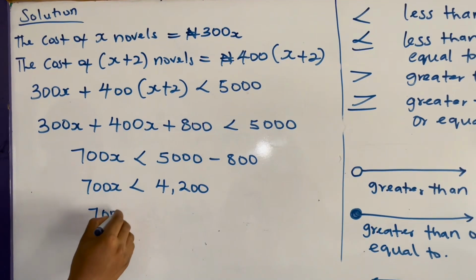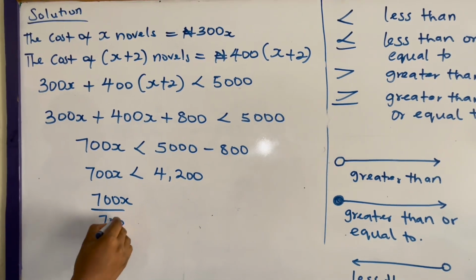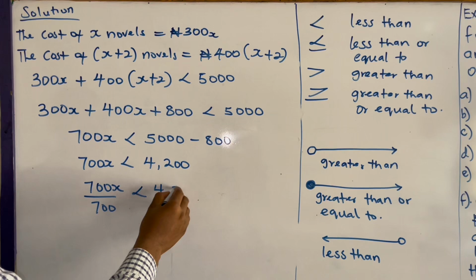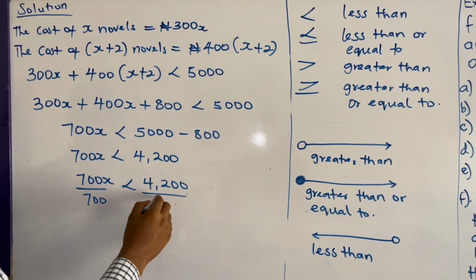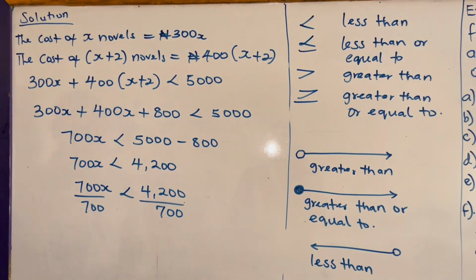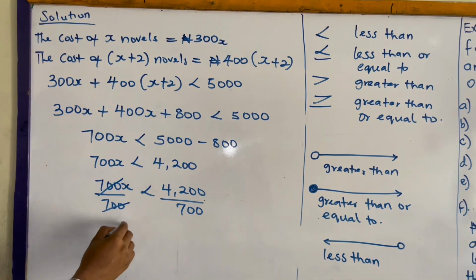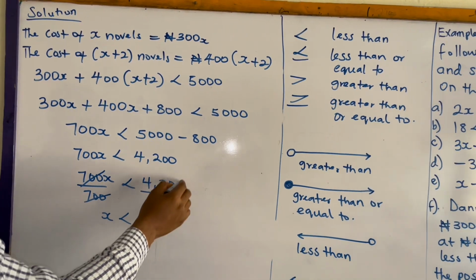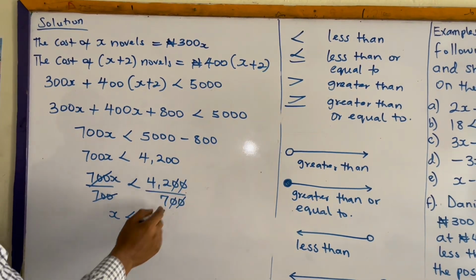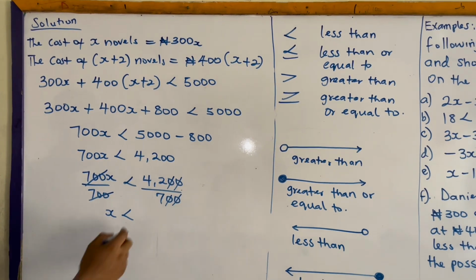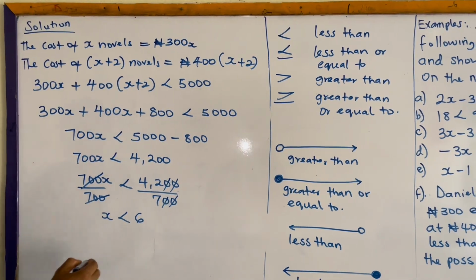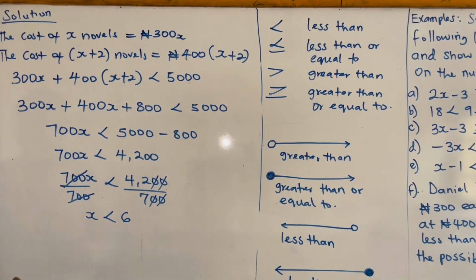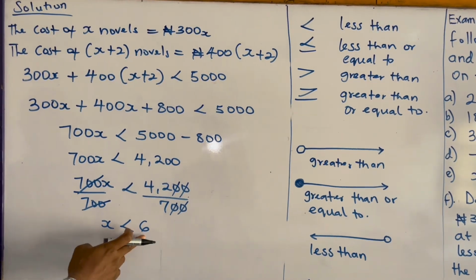So 700X divided by 700 is less than 4,200 divided by 700. Zero cancels zero, 0 cancels 0, so 42 divided by 7 will give us 6. So X is less than 6.